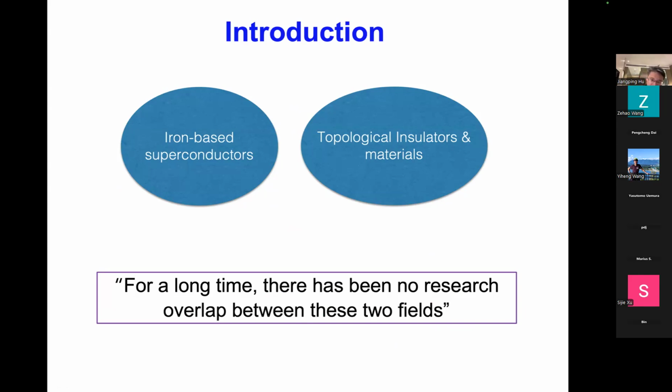But in research, actually, there's no overlap. At that time, I think they were the two hottest fields in condensed matter physics. But for many years, they did not have any overlap. High-temperature superconductivity and topological materials mostly focused on other things.